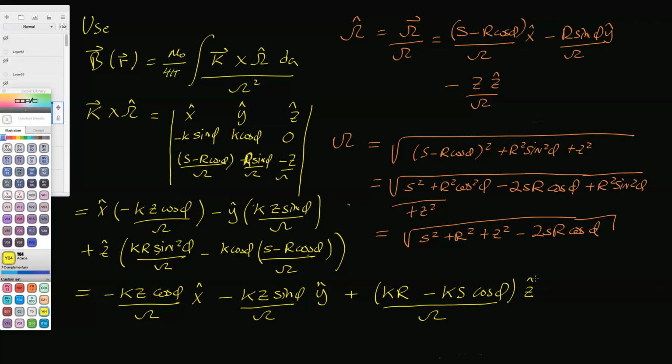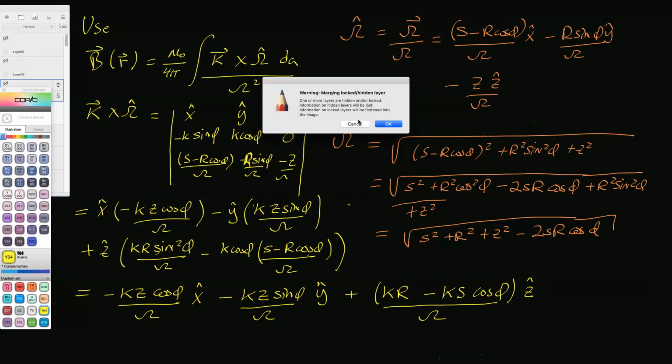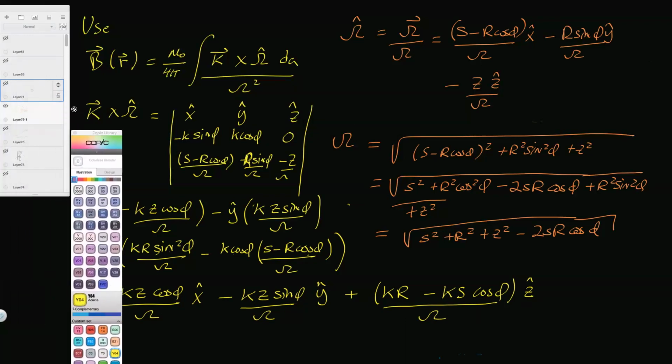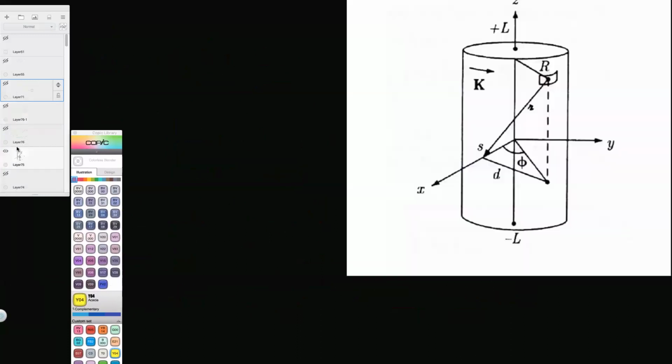Okay, now we should do some reasoning, because if we go back to the picture, we can see that we have an x hat component, a y hat component, and a z hat component. Which one do you think survives, given the symmetry?